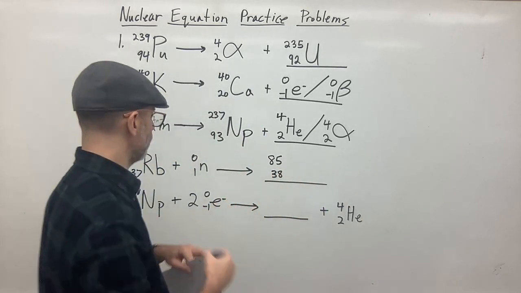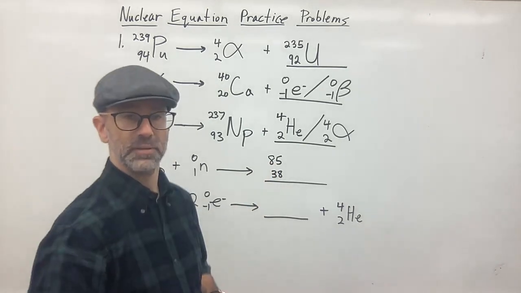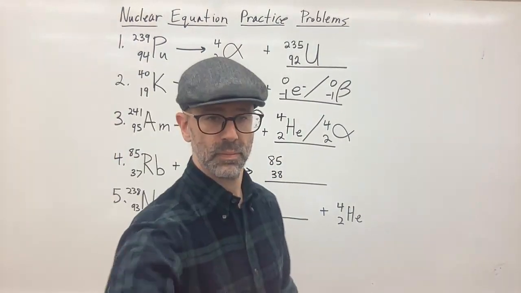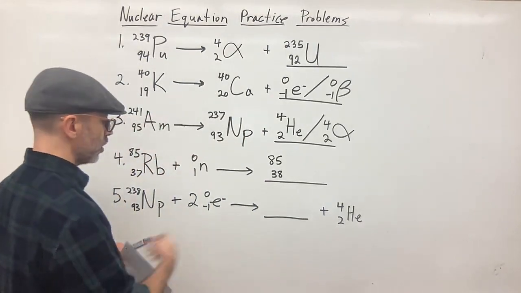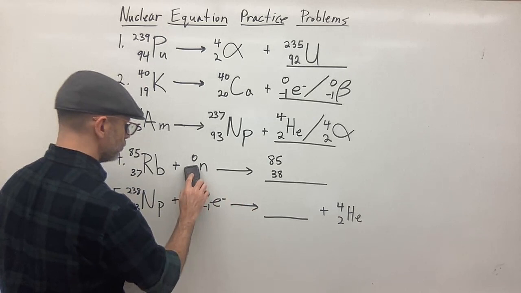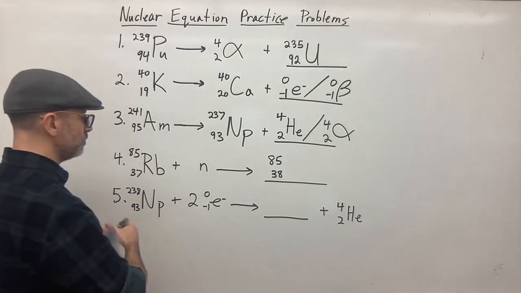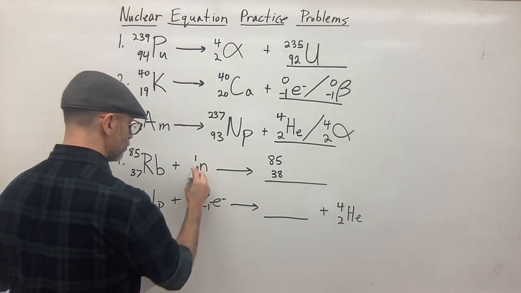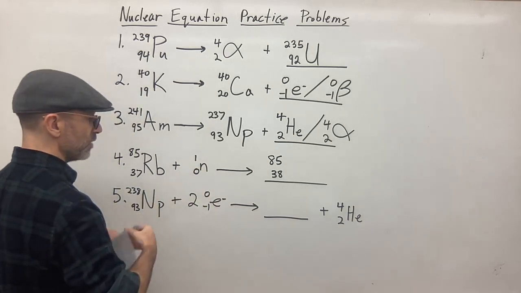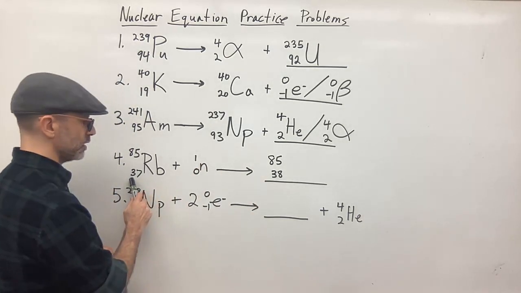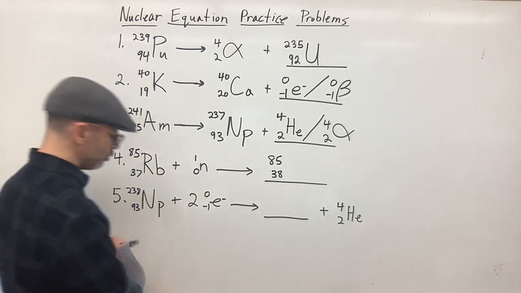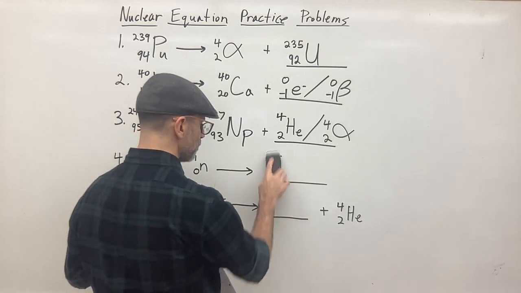Give me a sec. Okay, I made a mistake here. I switched these numbers around. The mass number should be 1 and 0 should be on the bottom there. I thought that was strange because the protons are changing, but this is a neutron, which makes no sense whatsoever.